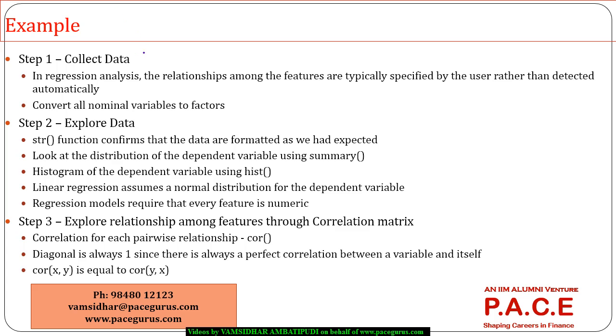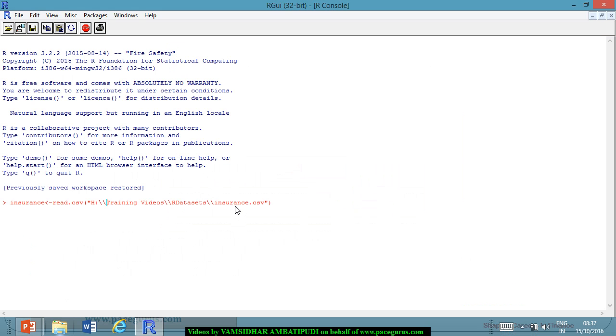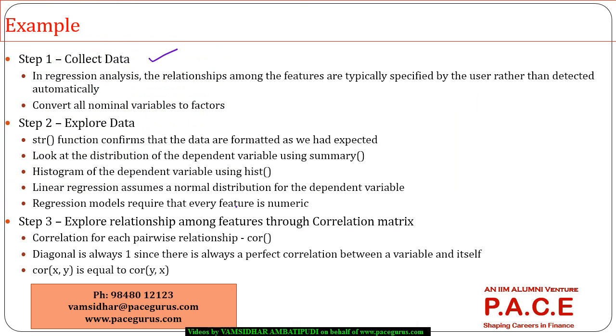As we have already highlighted, the first step in any model building process is to collect the data. So I have taken insurance related data, the medical expenses, etc. That's the data that is stored here. I'm loading that data.